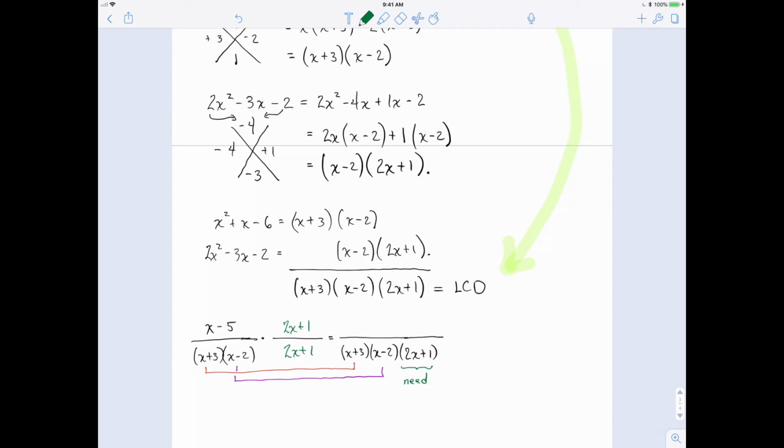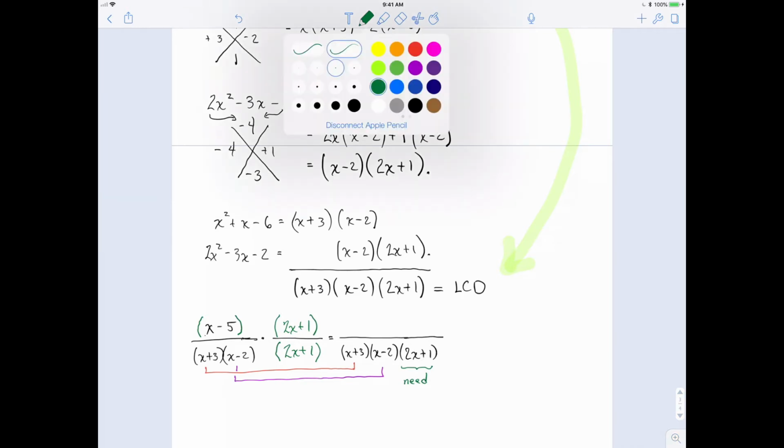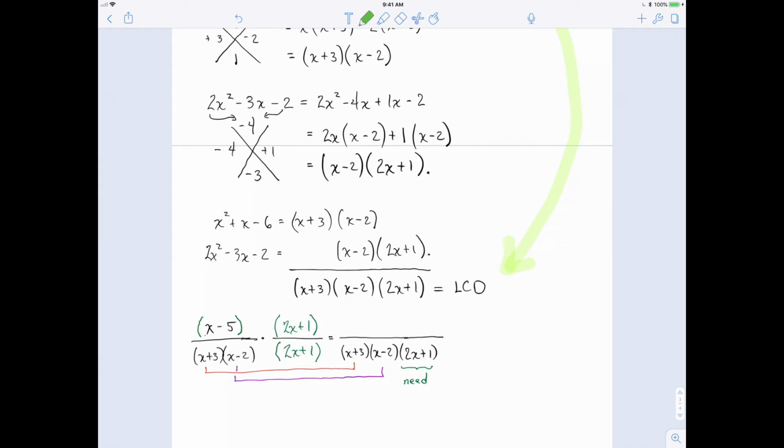Now, this is perfectly fine the way it's written, but when you put it all together, you're going to need to remember to put parentheses in. I would even put parentheses around the x minus 5 so that I remember to distribute both the x and the negative 5. So let's try this. To distribute, I go x times 2x, that gives me a 2x squared.